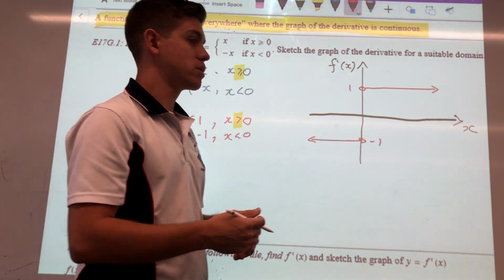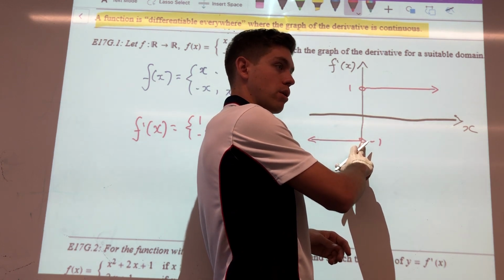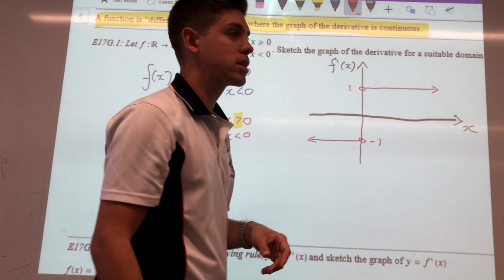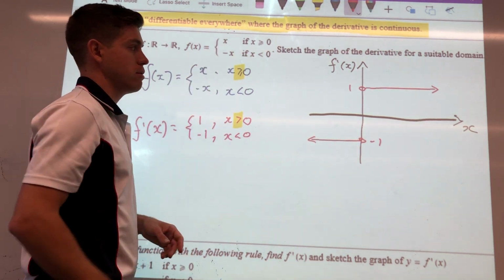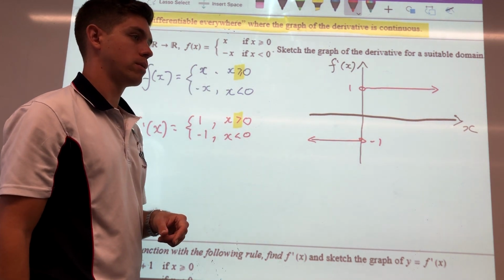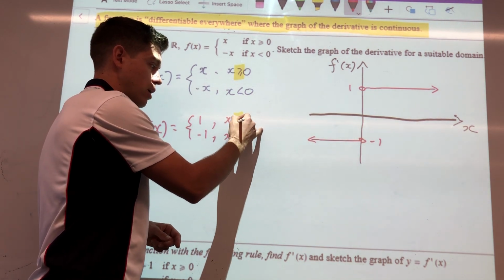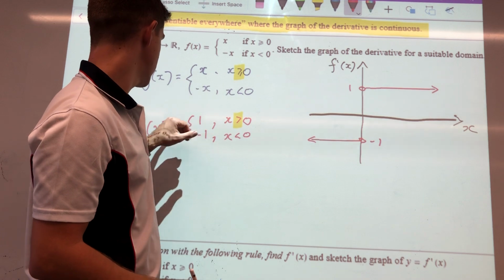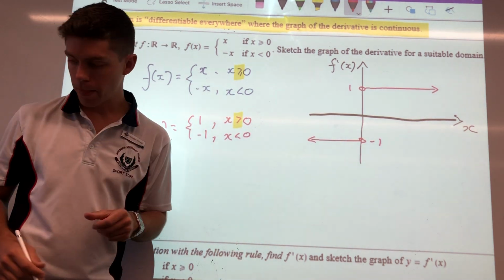So what that tells us is we have a discontinuity at x equals 0, and what that means in practice is that this function doesn't have a derivative at x equals 0, which means that we cannot make this x greater than or equal to 0 because it doesn't have a derivative at x equals 0.